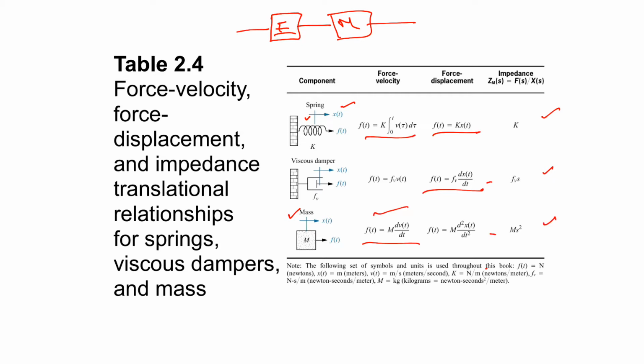Two of them are the spring and the mass, which are energy storage elements, and the viscous damper actually dissipates the energy.